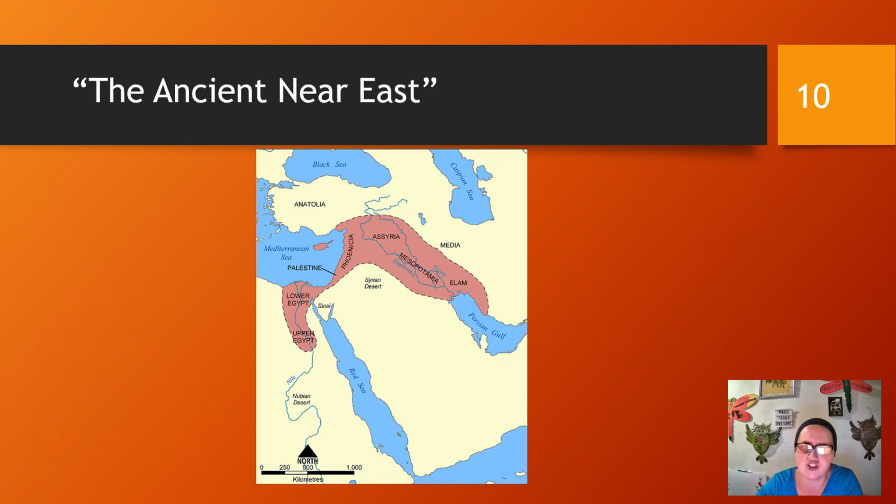But this is our historical context here, the ancient Near East, what you'll often hear people refer to as the cradle of civilization. This is our geographic context and our historical context. The ancient Near East, or the ANE, is our vital context, and the majority of the Hebrew scriptures really focuses on this little corner of the world.